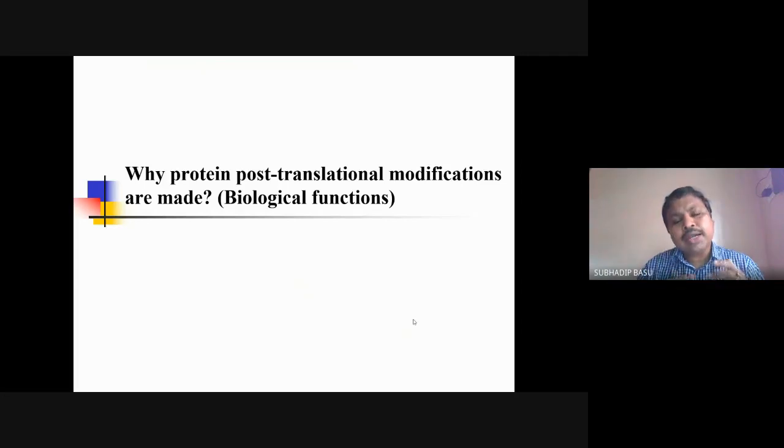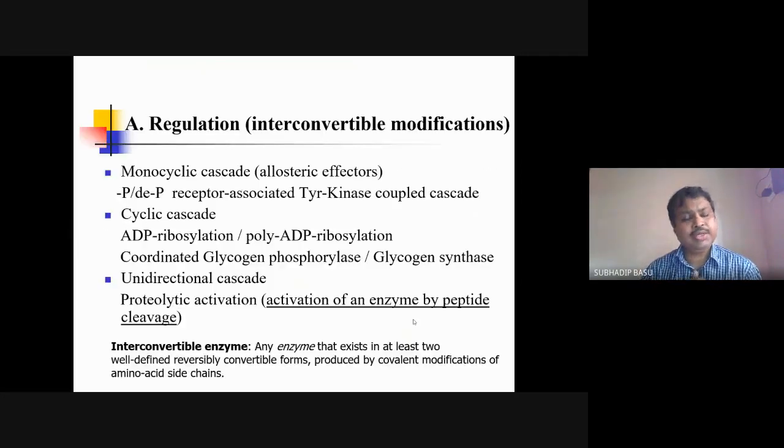There are continuous research insights, deep research insights, against each example. Some of these biological examples are given as simple terminologies, and we will not go into the deeper picture of this. That is not within the scope of our study. So we will see in general why protein post-translational modifications are made.